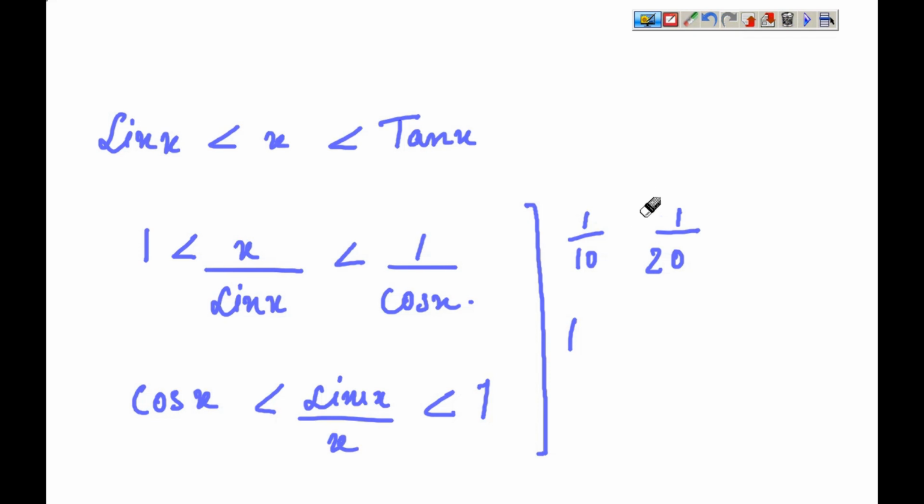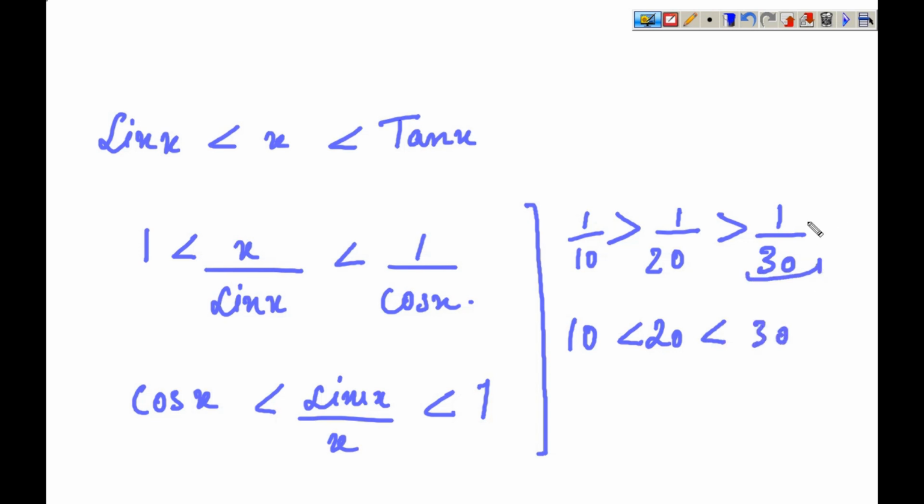Sorry, I made a mistake there. 1 by 10 is greater than 1 by 20, so when we apply reciprocals, 10 becomes less than 20. Likewise, 1 by 20 is greater than 1 by 30, and when we apply reciprocals, 20 will be less than 30. So this one will become the largest value. Similarly here, we have 1 by cos x, so this whole will get reversed, and we have cos x is less than sine x by x is less than 1. So we have proved this theorem.